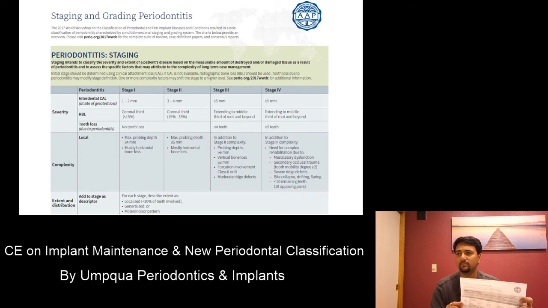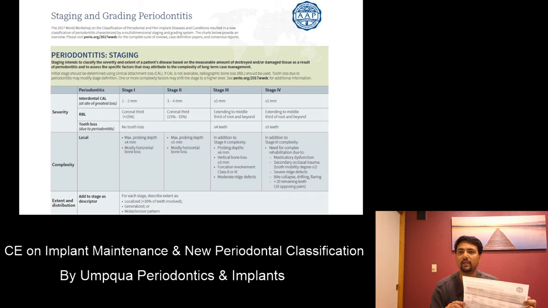So staging a patient, the worst tooth in the mouth with bone loss determines the overall stage of the patient. In the old classification, you could have classified a patient as localized severe and generalized moderate chronic periodontitis.